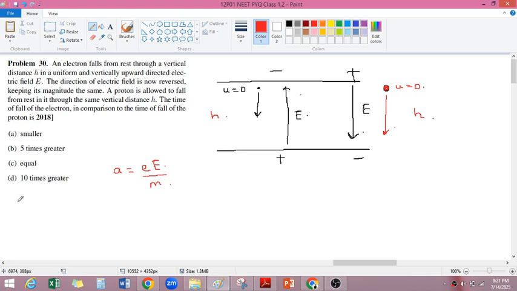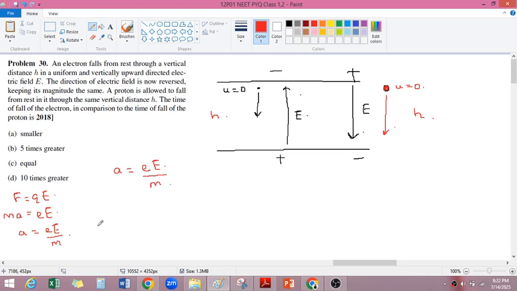Why? Because F is equal to qE, which means the force experienced by the electron or the proton is e into capital E, the electric field. That is also equal to mass into acceleration, which means acceleration is equal to eE divided by m.